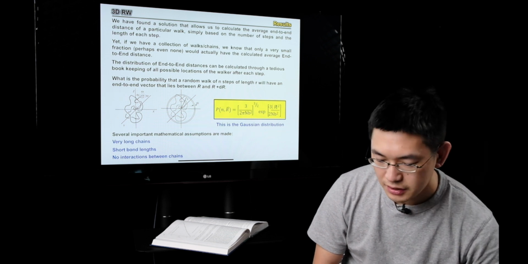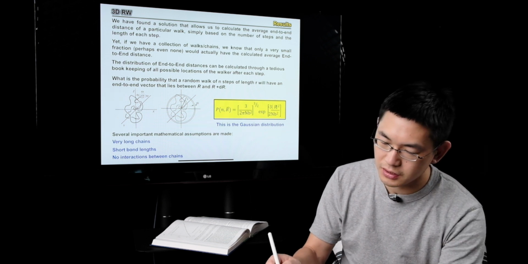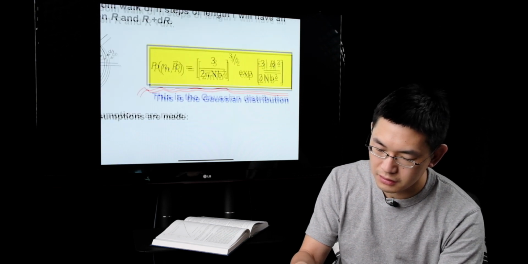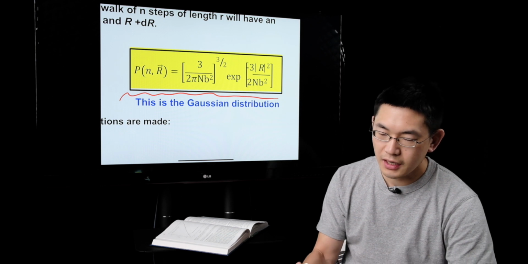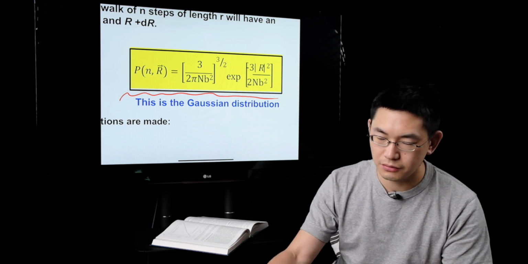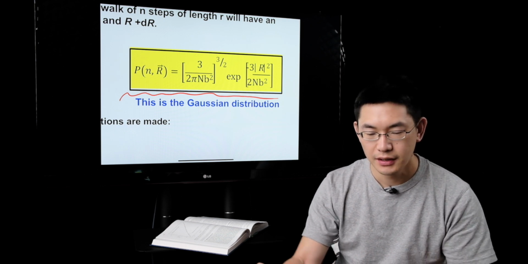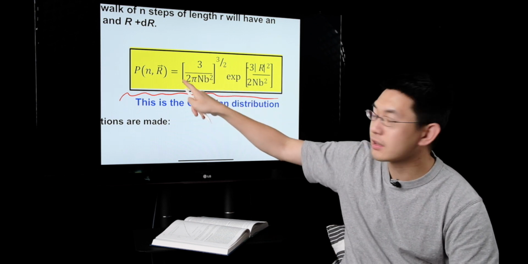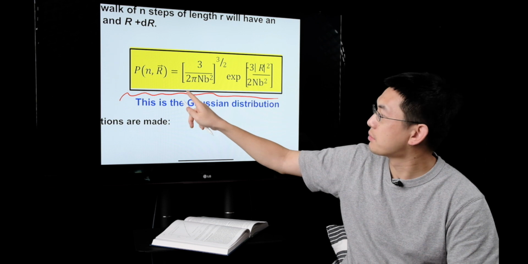So the distribution function is already shown here. Let me explain this particular equation. Here you can see the probability P is a function related to a prefactor. So here it shows the prefactor.